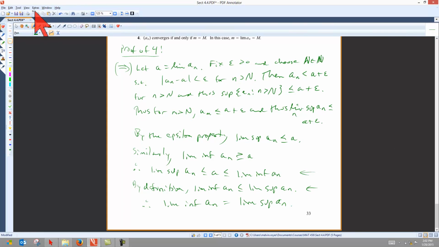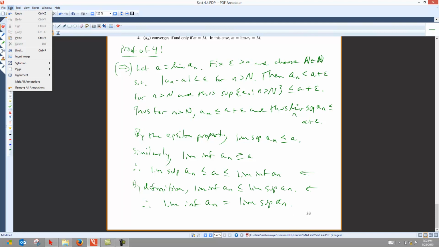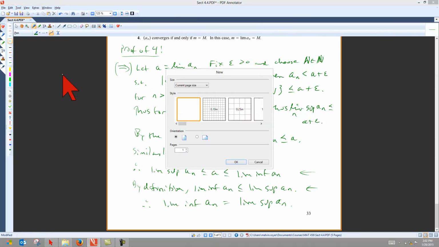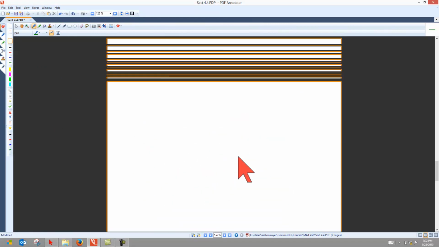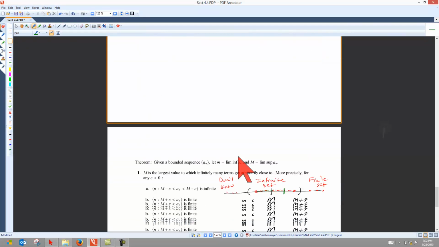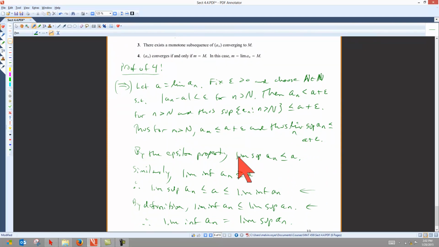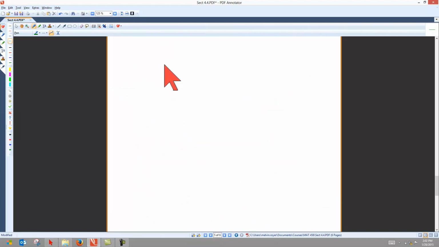All right. And let's prove the other direction. So I want to prove that if the lim sup equals the lim inf, then the original sequence converges.